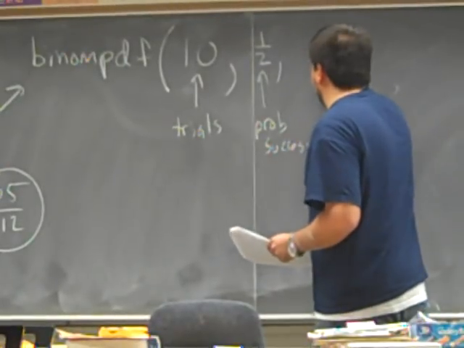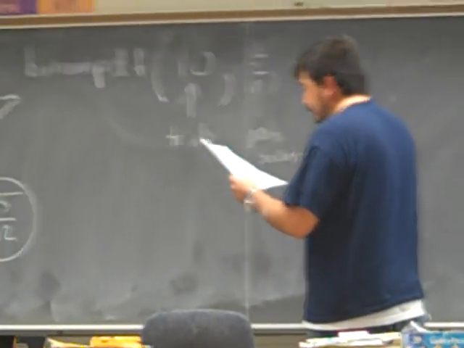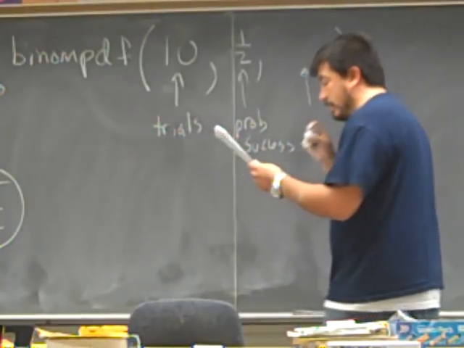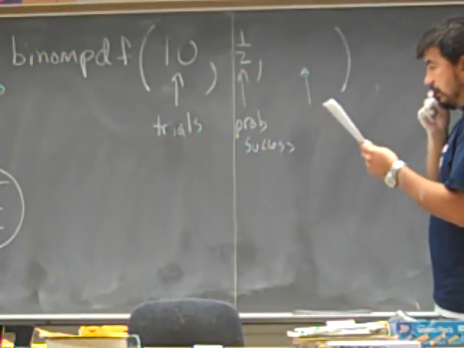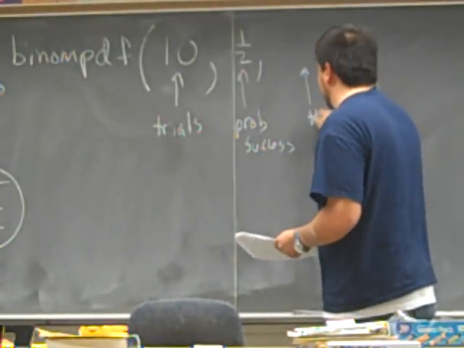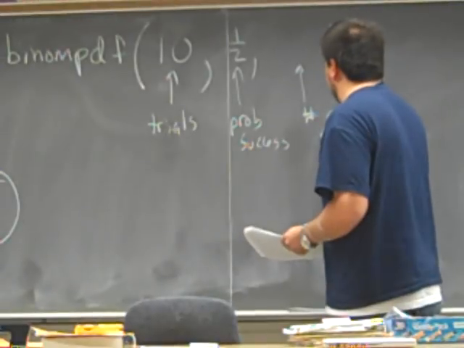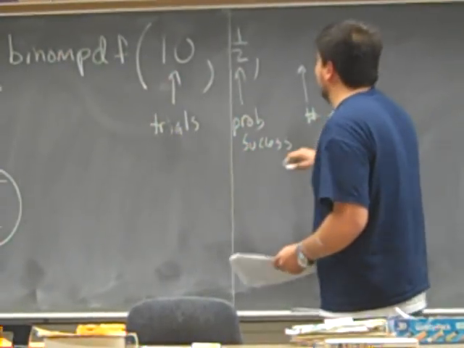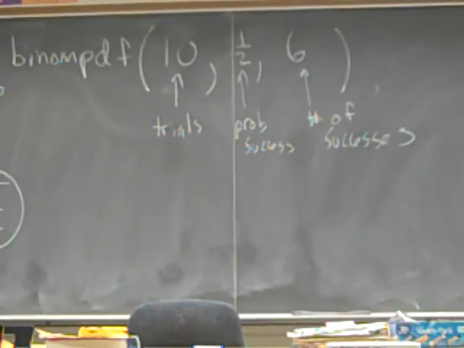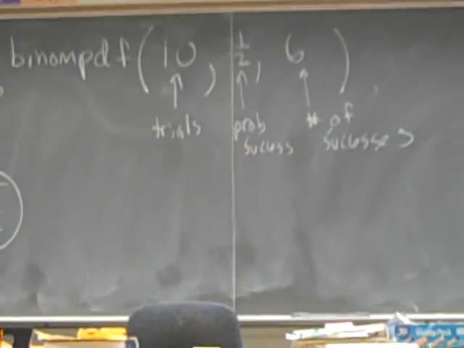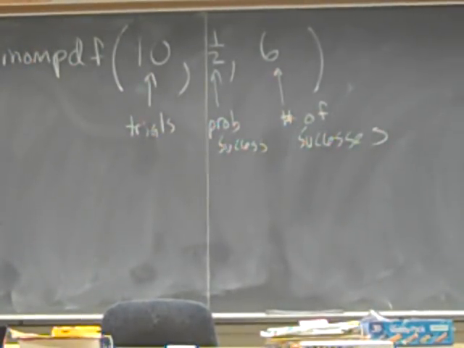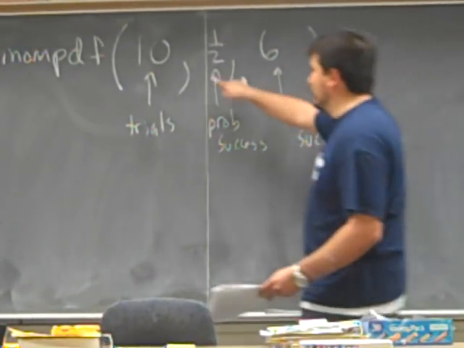And then this last number here represents, what am I missing? I would guess it would have to be the number of successes, right? Let's see if that works. So in this case, we want to succeed 6 times. It works. Did we get the same answer? Yep. Fraction or no? No. If you try to convert it to a fraction, will it do it? Yeah. Okay. Cool. So this is the shortcut.